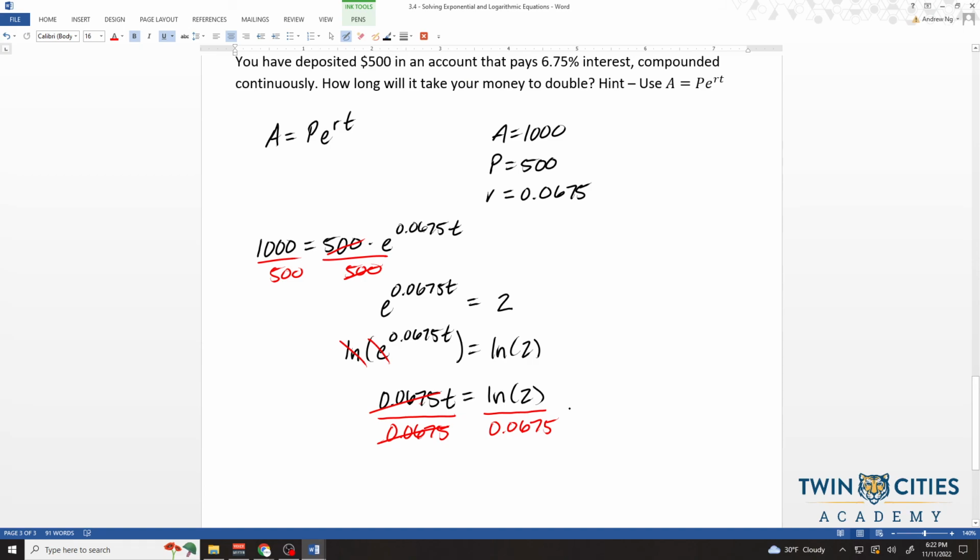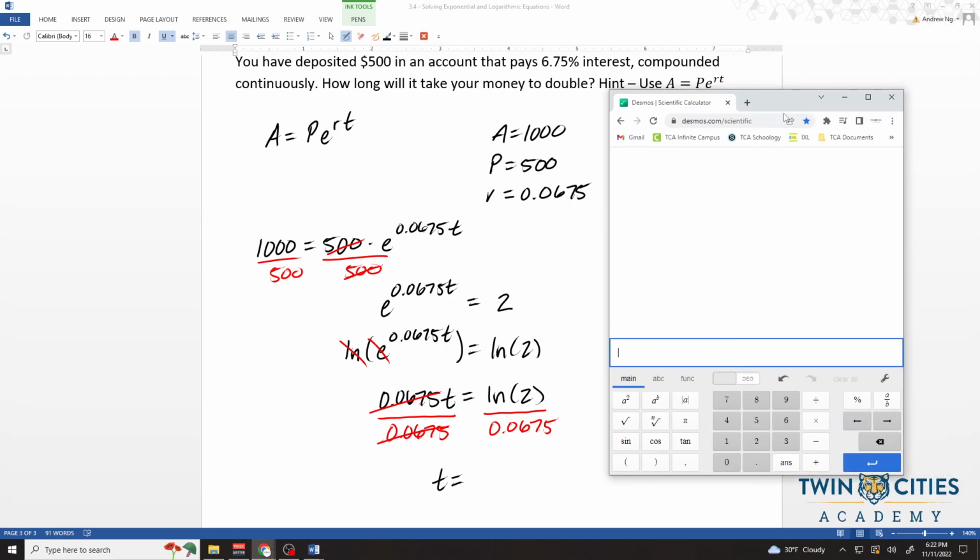What do we get? t is equal to, let's bring a calculator over. The natural log of 2 in the numerator, and the bottom is going to be 0.0675. t is roughly 10.27, we'll round that, 10.27 years.